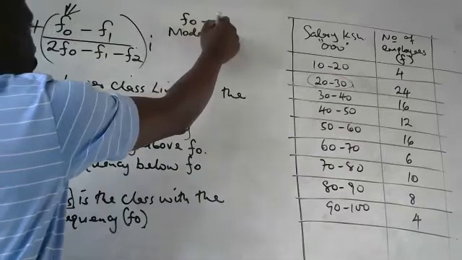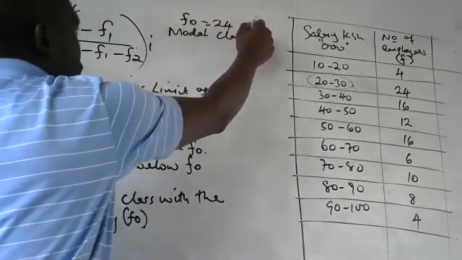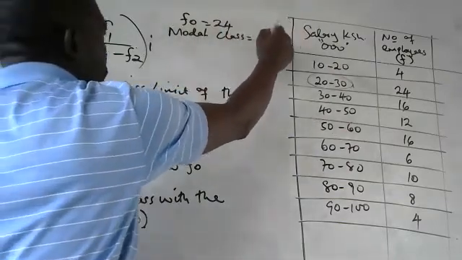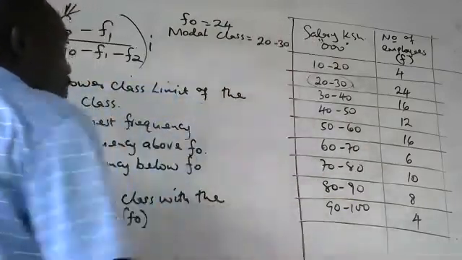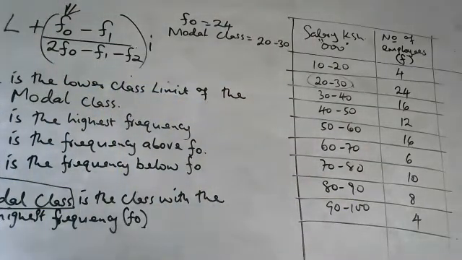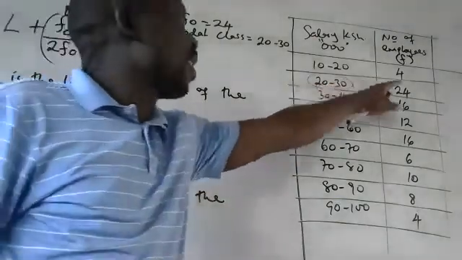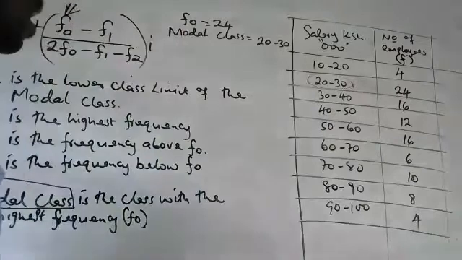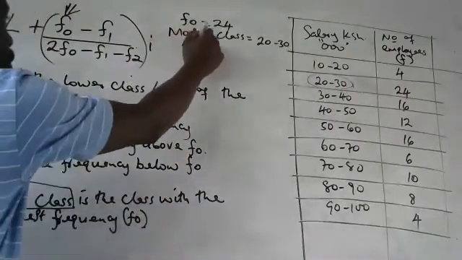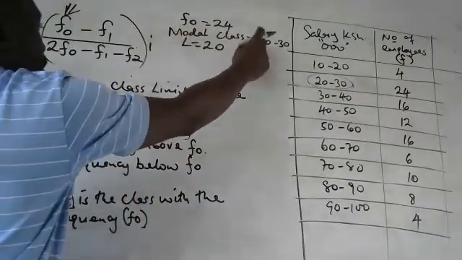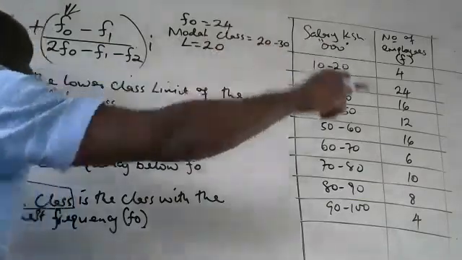So the model class is 20 to 30, because this is the class that has the highest frequency. After doing that, L will be equal to 20, the lower class limit of the model class.